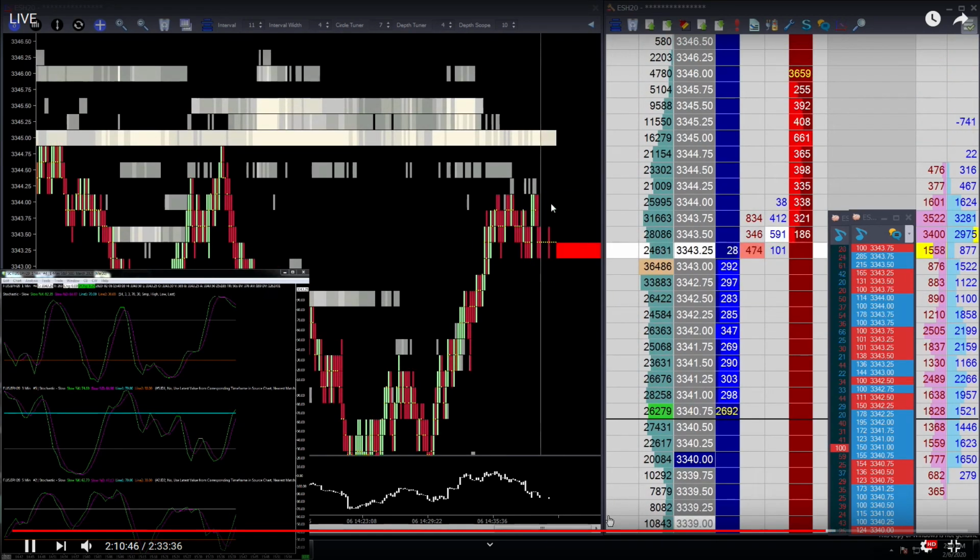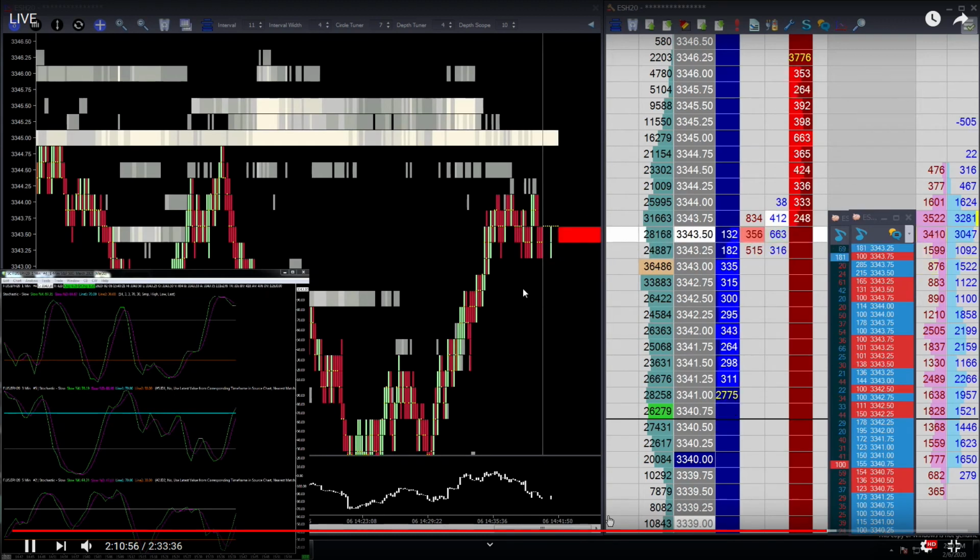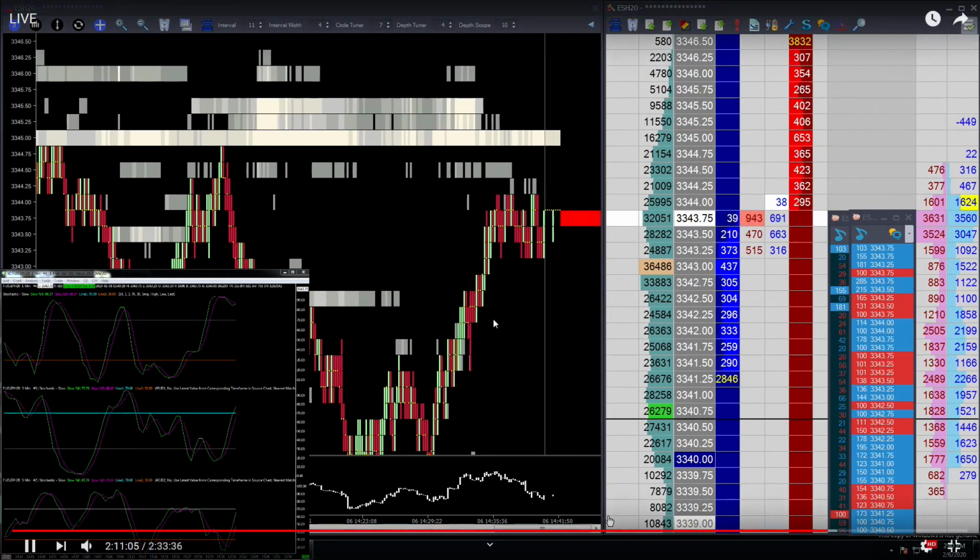But it is only 4 ticks, so it is already testing both sides relatively easily. Aggressive buying, aggressive buying. They're still there. So much absorption on both sides. So that's good. Buyers aren't giving up, clearly.